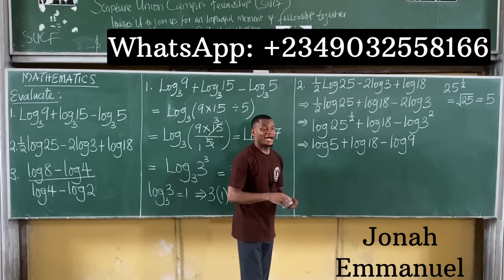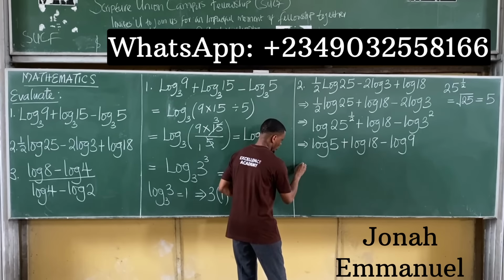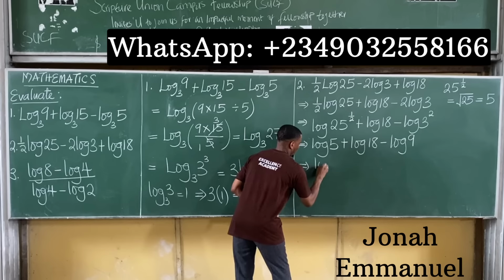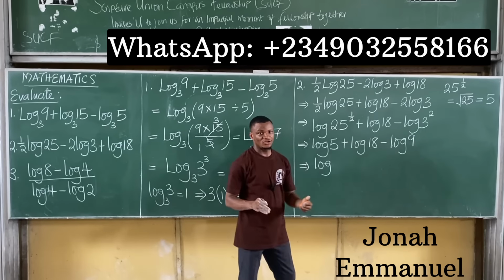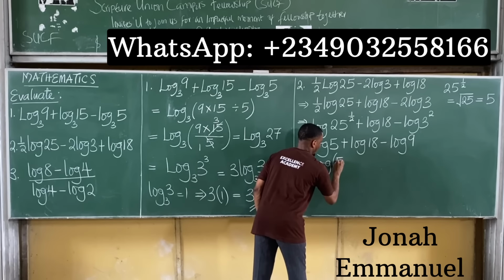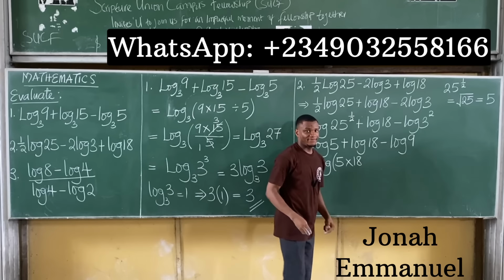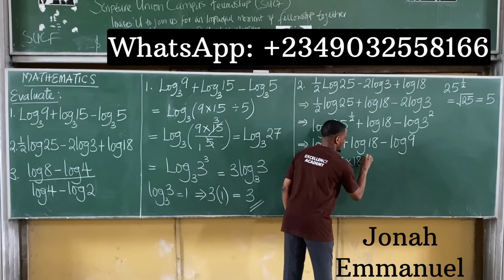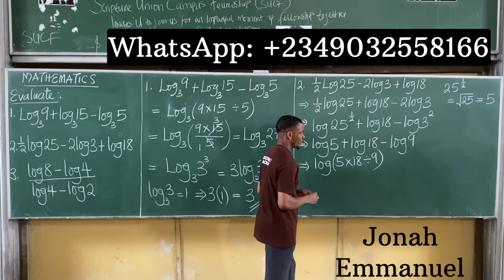Bringing the addition and subtraction laws of logarithm here, what do I have? This will be equal to log, and don't forget these two are adding, and when they're adding, you simply multiply the numbers. So it becomes 5 times 18. I'm seeing a subtraction here, that means division, so it becomes divided by 9.